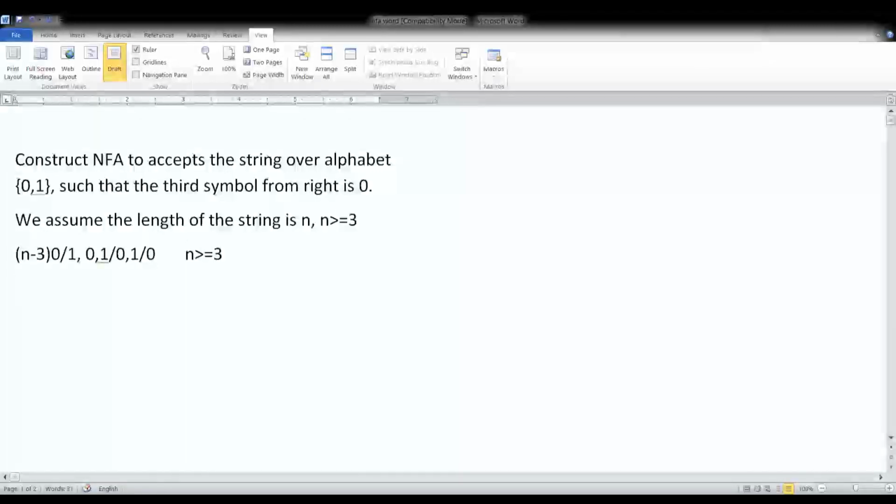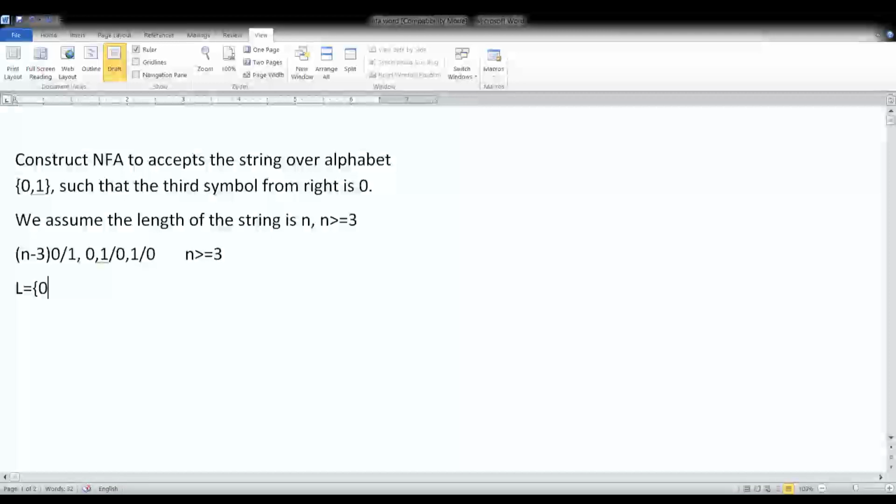Now we will see the language with this condition. We can have the strings in the language as follows. When n is equal to 3, we have only strings of length 3. So we consider the very basic case of length 3.